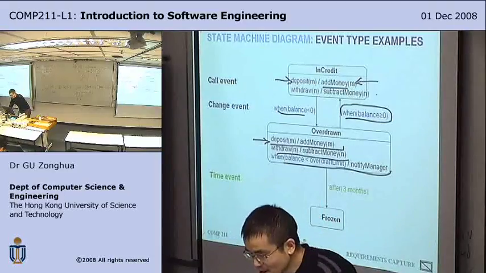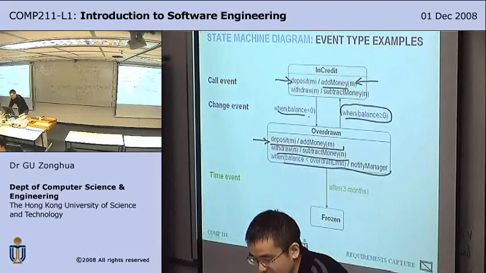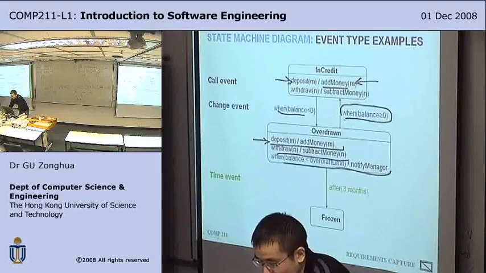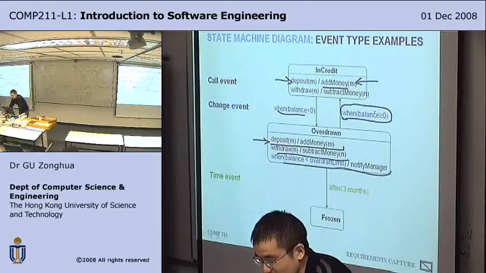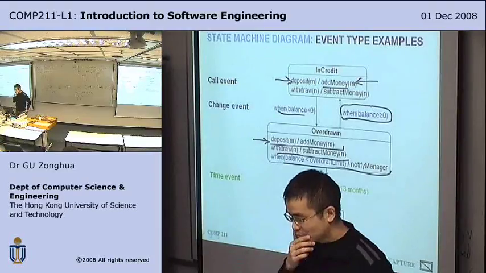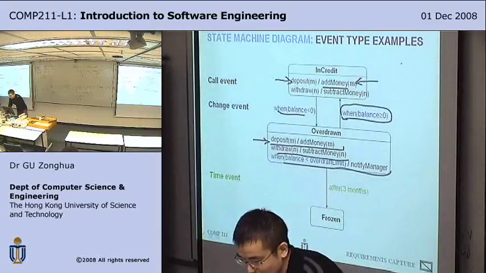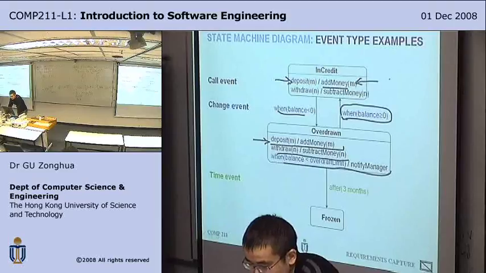Just to make it more clear, you can write this in a different way. So this is the change event. If you write in a guard-based style, perhaps you can write, say, in credit as part of the withdrawal method.